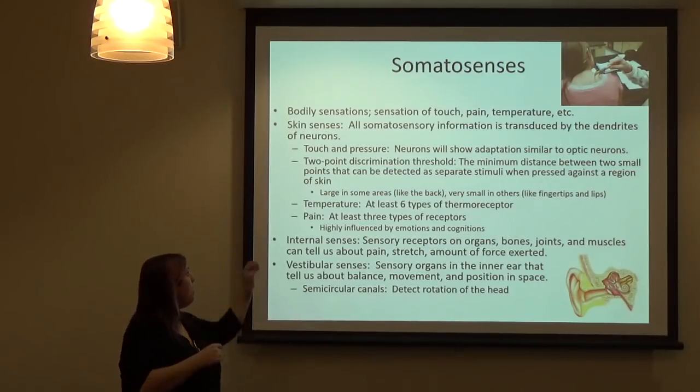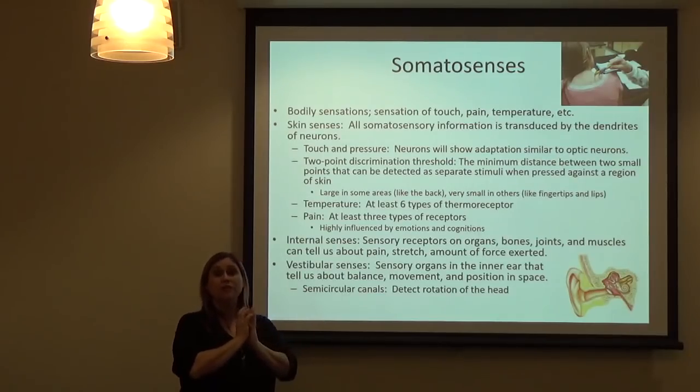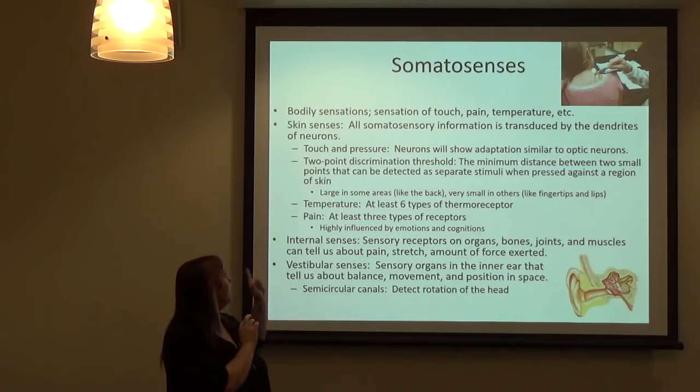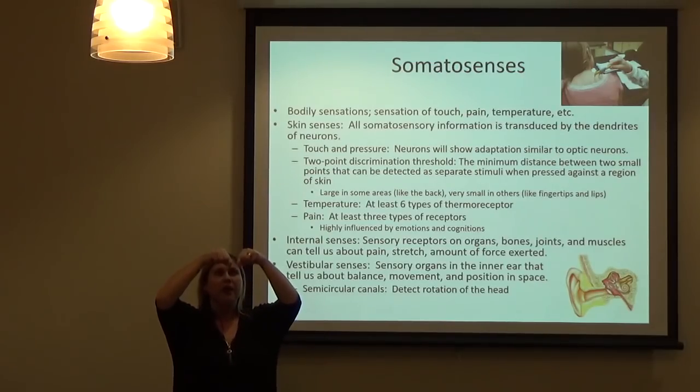And so they call a test to see how dense your neurons are. They call it a 2-point discrimination threshold. They take 2 points and they want to see how far apart those 2 points have to be before you can tell it's 2 different points.